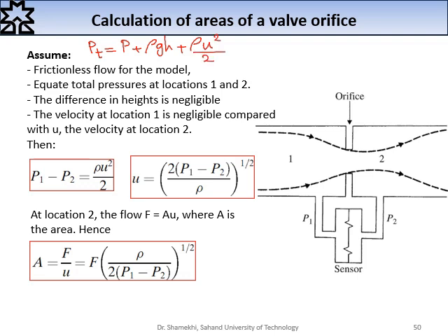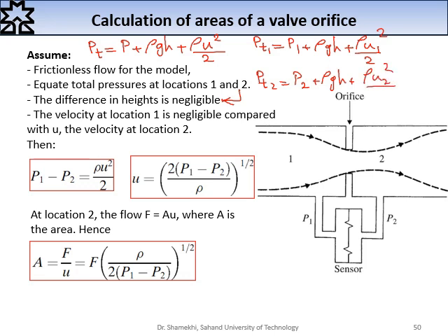We can rewrite this equation for location 1 and location 2. PT1 is P1 plus rho g h, because we assume that the height is the same, plus rho u1 squared divided by 2. PT2 is P2 plus rho g h plus rho u2 squared divided by 2.